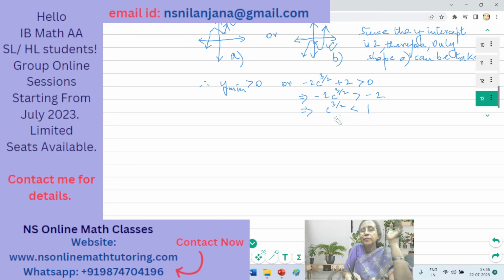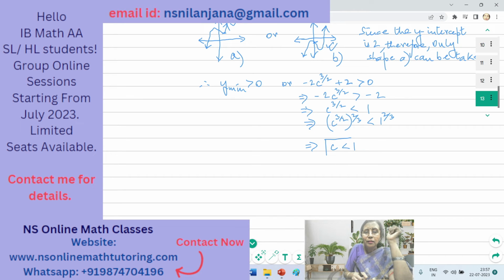And taking the 2 over 3 power of both sides, we get c is less than 1.